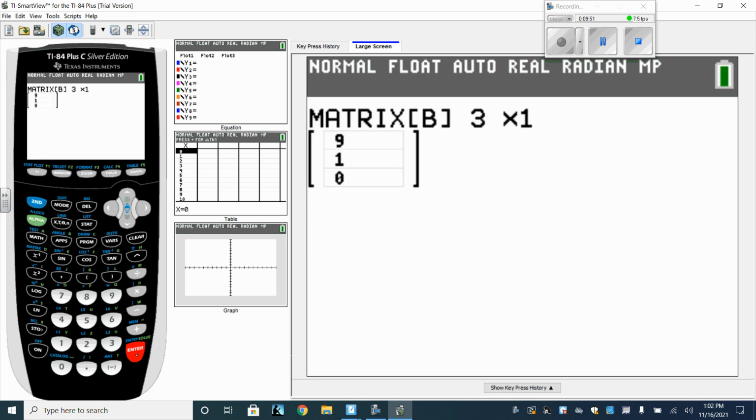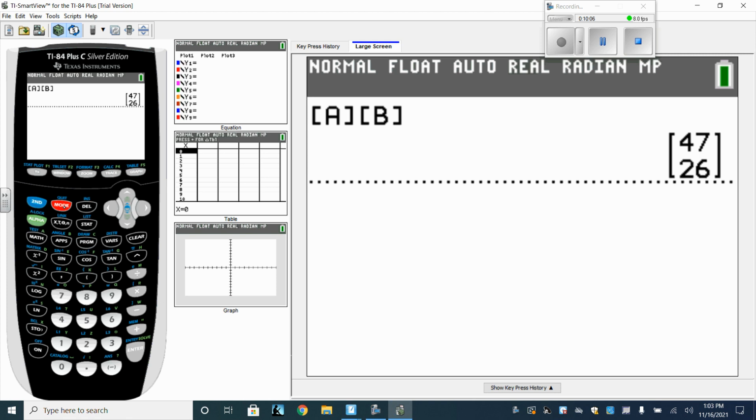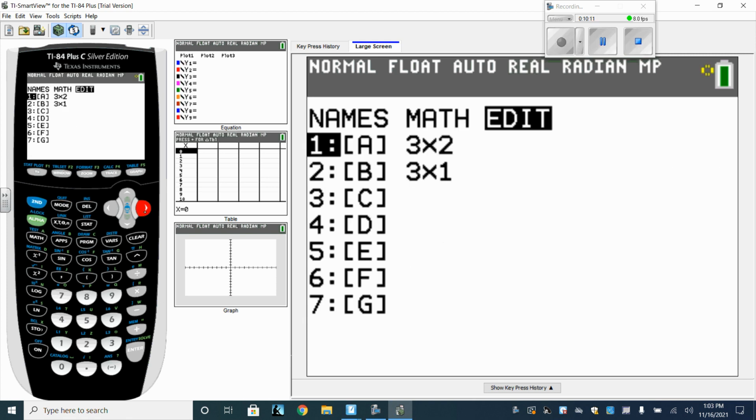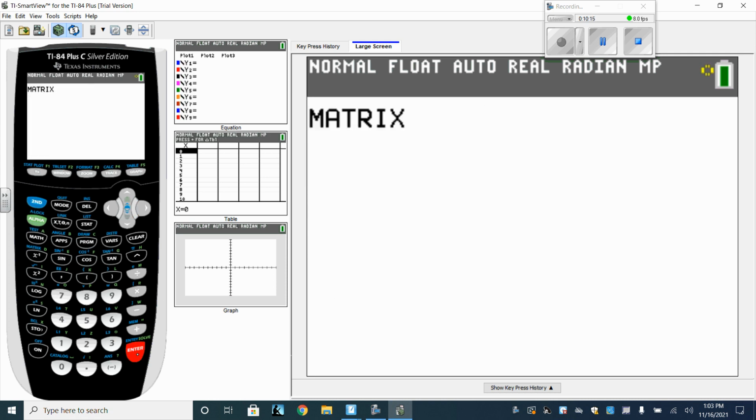Doing second quit, second matrix, and then going over to edit B will work as well. Either one works, as long as we're not trying to input anything else in. So we go second quit, second matrix, over to edit, and go down to matrix B and hit enter.